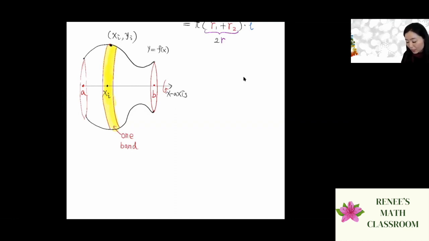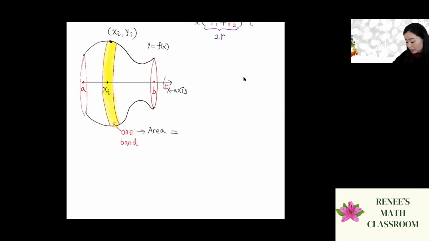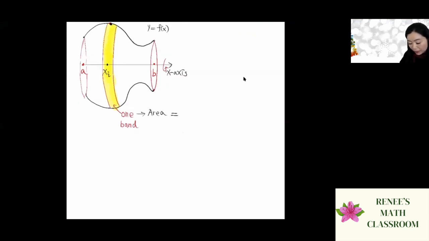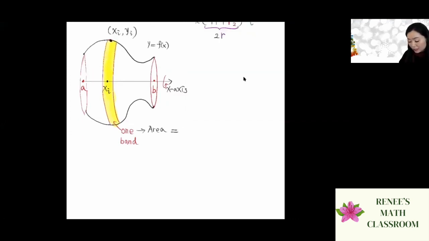So let's focus on this i-th slice here, this one band. What's the area for this? We just discovered the formula, right? First of all, what does it remind you of? This one band kind of reminds you of this. If the slice is so thin, then this segment here is almost like a straight line, right?